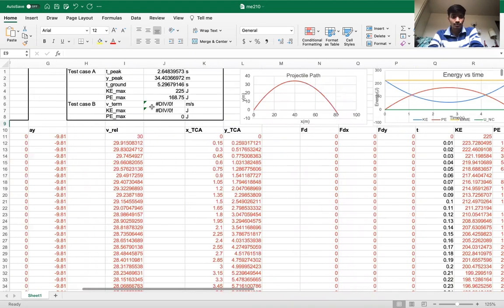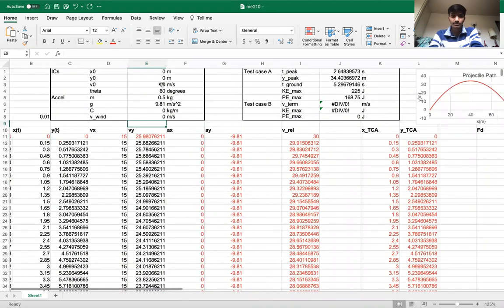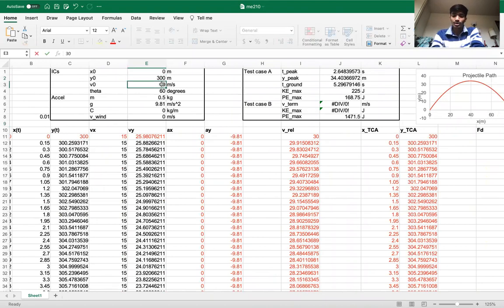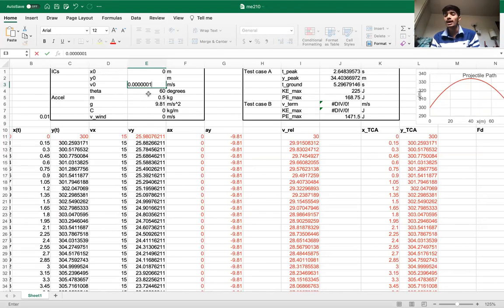And for test case B, we are told that we have to drop the ball from some initial height. So over here we are dropping the ball, but we have to write down some initial velocity, only a little bit, so we don't run into division by zero errors.